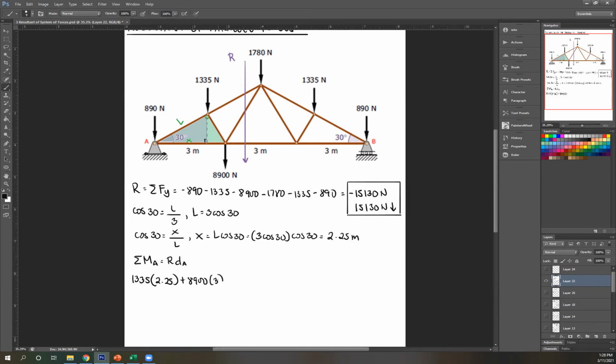Distance 3. Next, plus 1780. This is half of 3. So this length is actually 1.5. So therefore, distance of 1780 from A is 4.5. Okay. Next, another 1335 there.